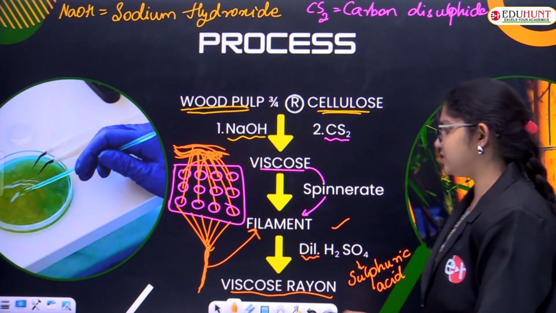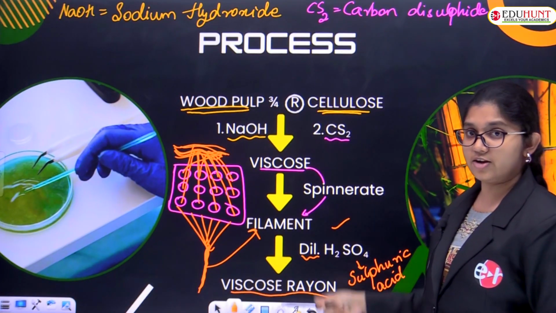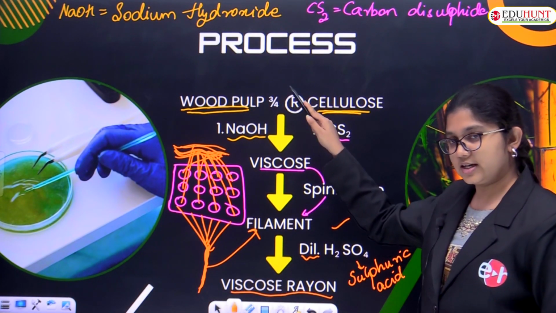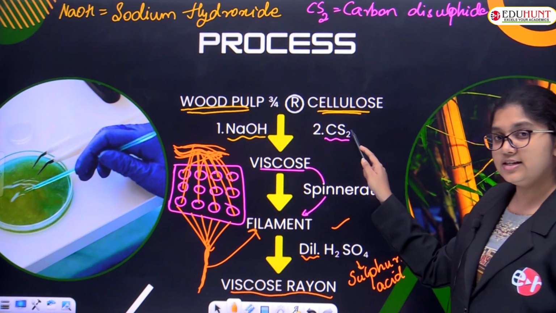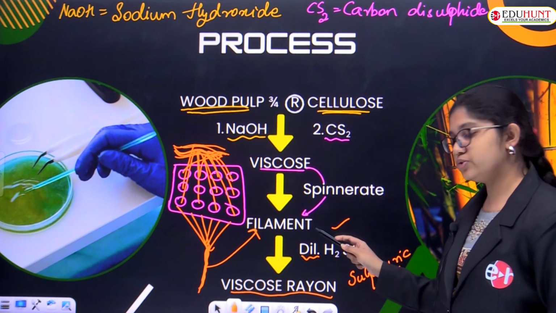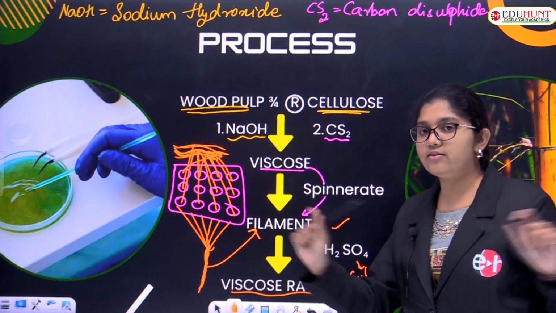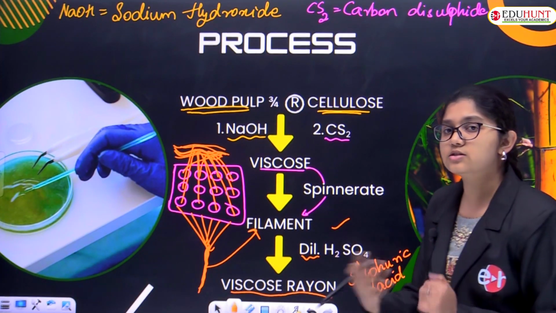We can see all these things in the video clip, okay. Here we can see the process of rayon, how it is processed, children, from the wood pulp. The cellulose is taken into viscose by NaOH and carbon disulfide, and further into filament, and further into viscose rayon. After that, they'll add some dyes and colors, okay children?